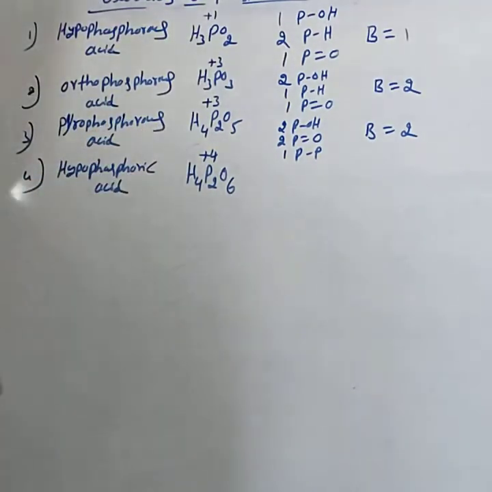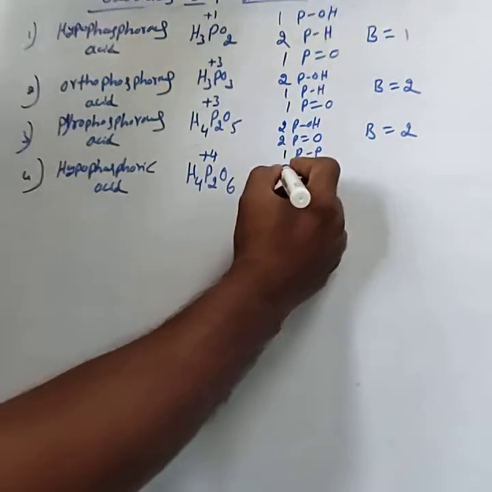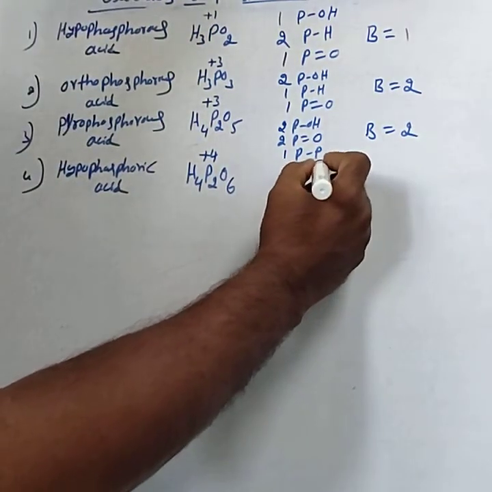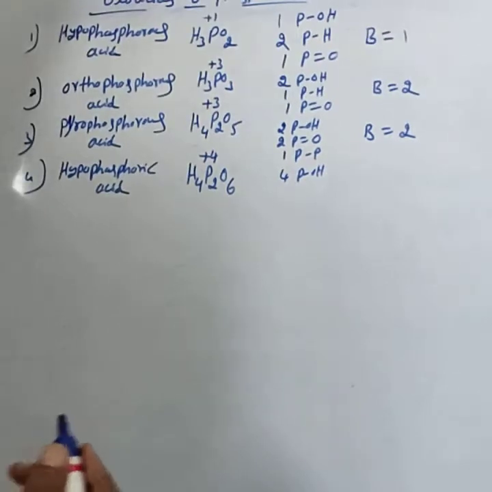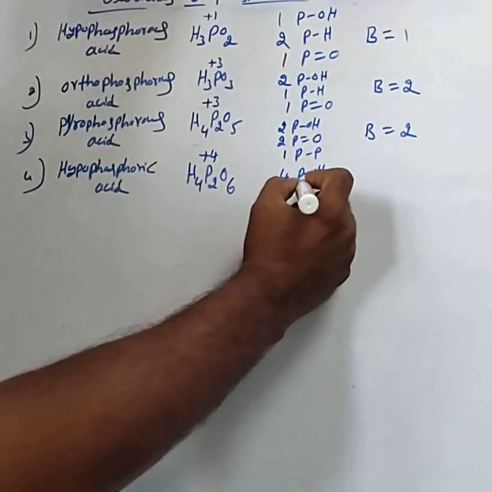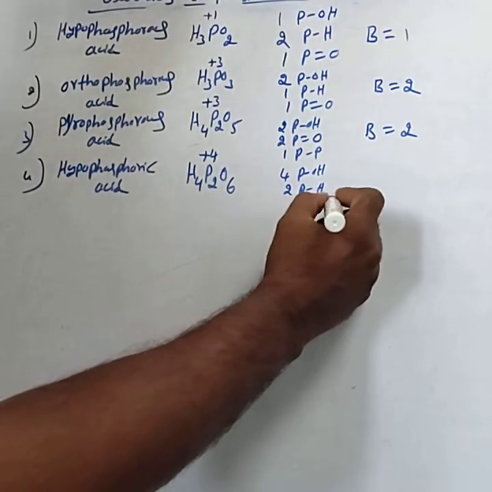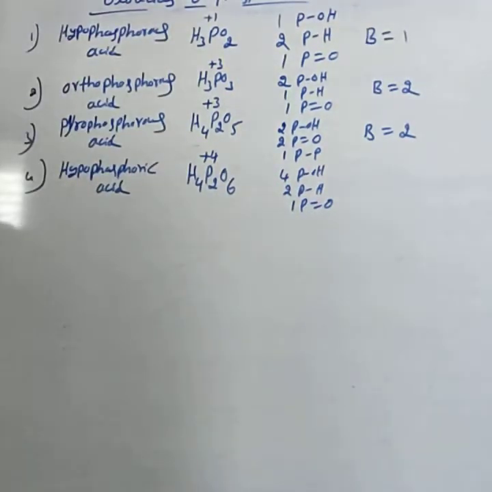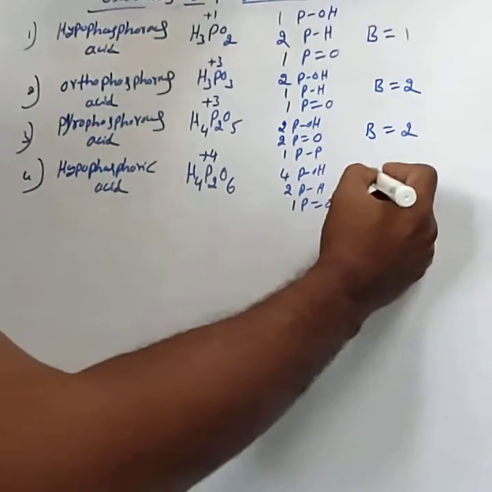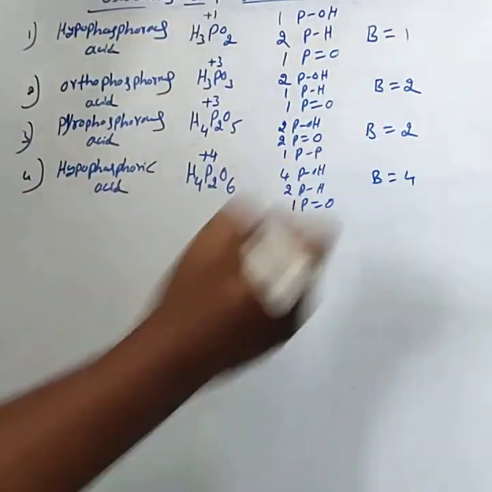Already in first year you know how to calculate the oxidation states. It has 4 P-OH bonds, 2 P-H bonds, and 1 P=O bond. Hence hypophosphoric acid basicity value is 4.